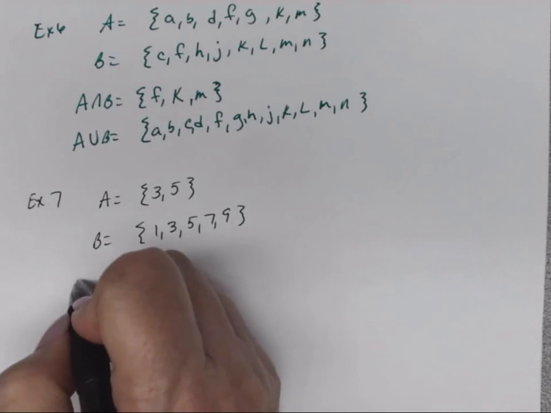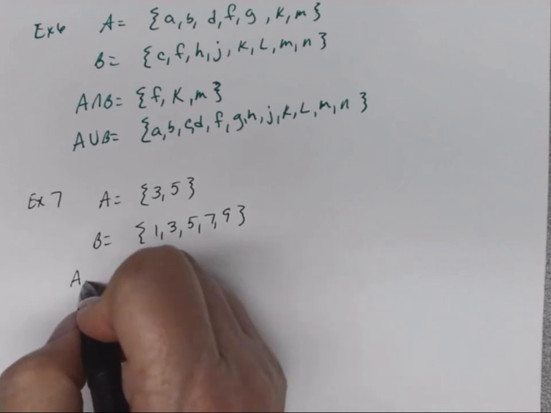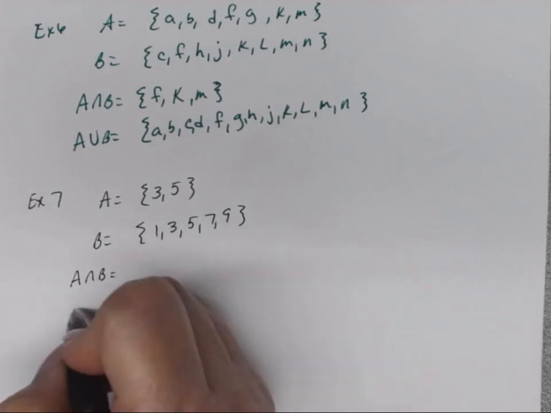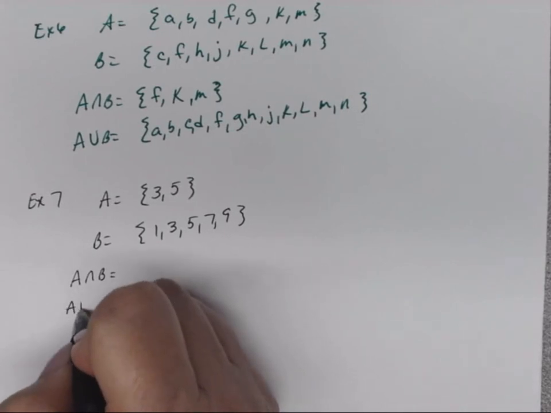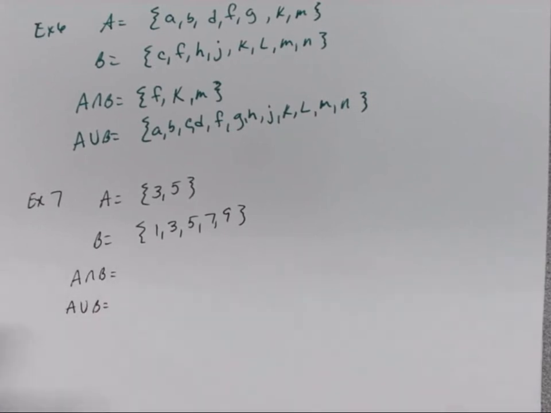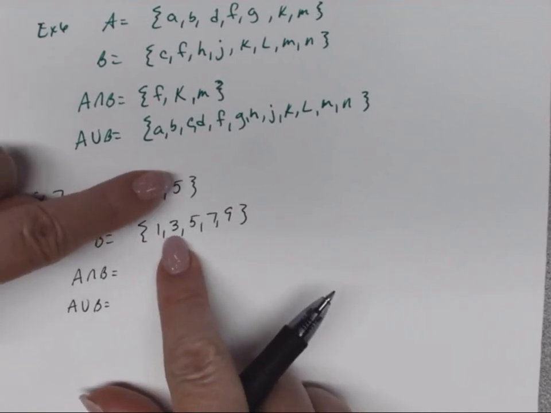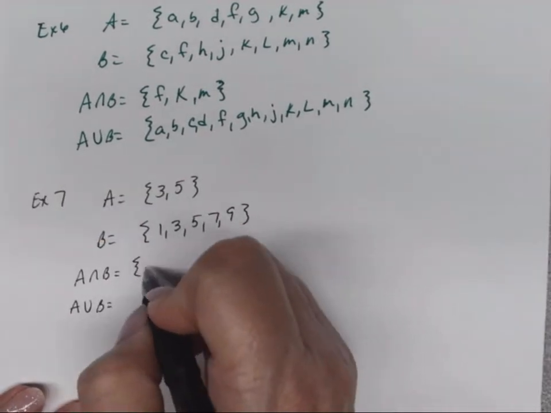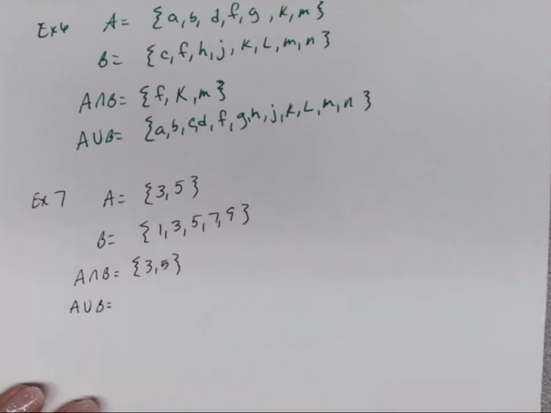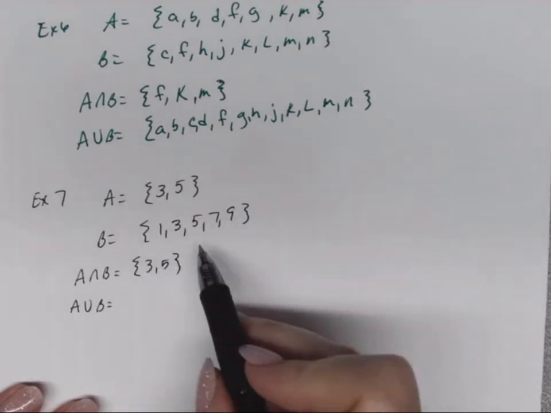So we can see finding the intersection A intersect B and finding the union A union B. So the intersection, they both have a 3 and they both have a 5. And the union is going to be set B.